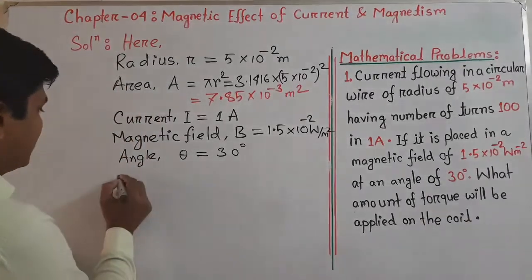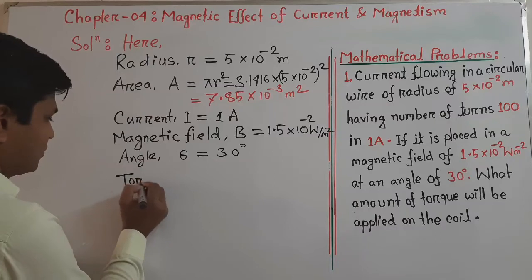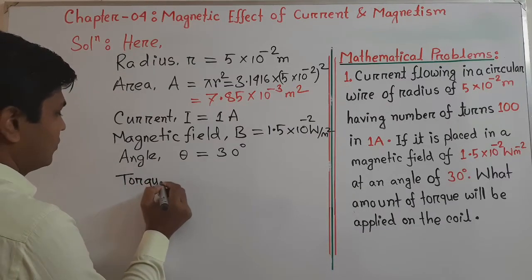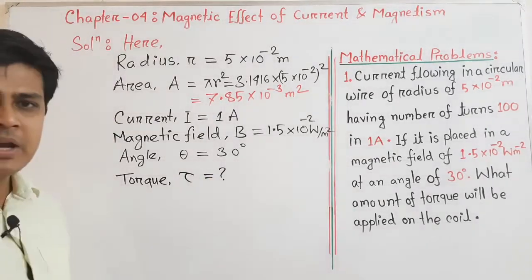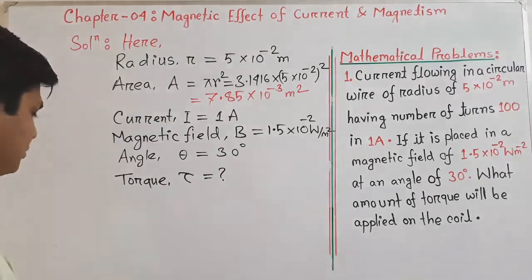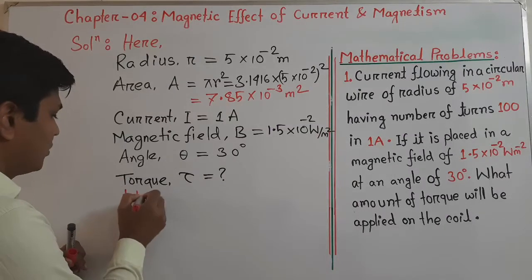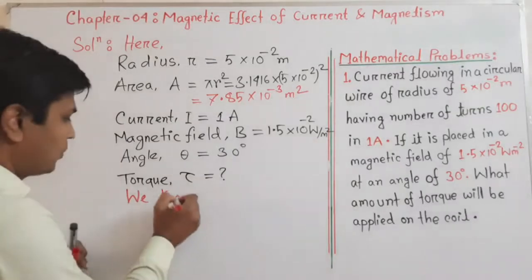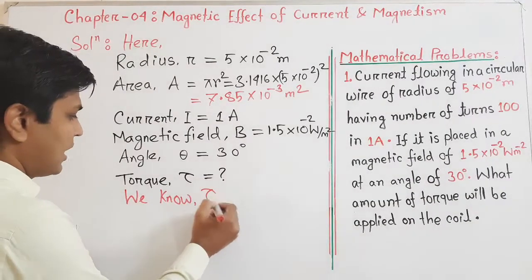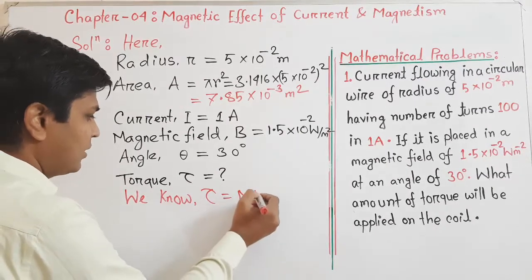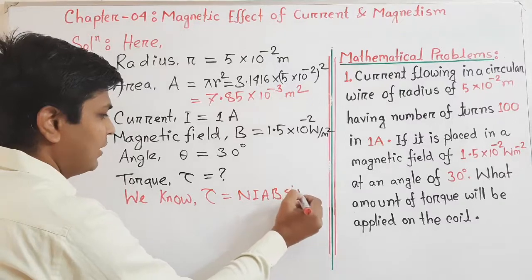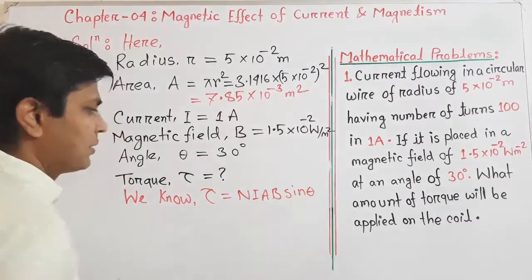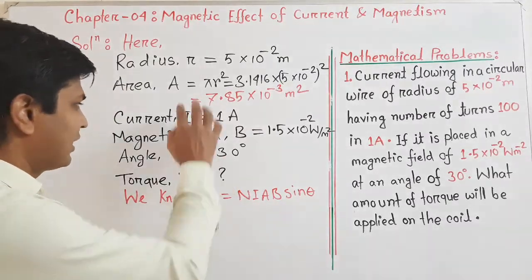So we can write torque tau equals what? Our formula, we know, is tau equals n I A B sine theta. All the quantities are given here.